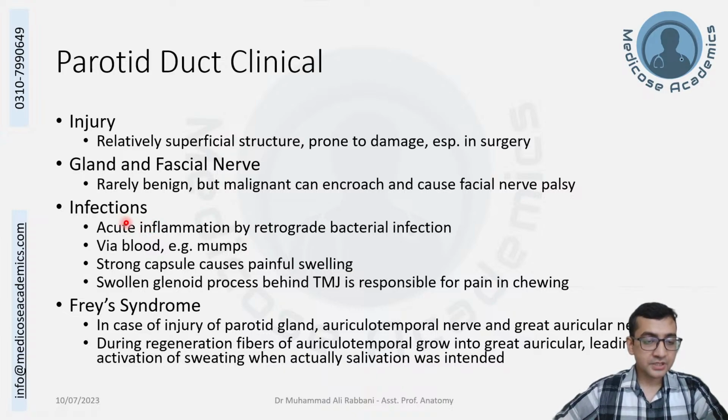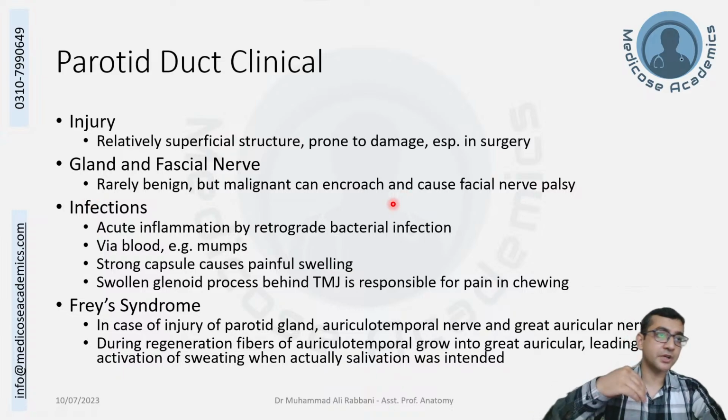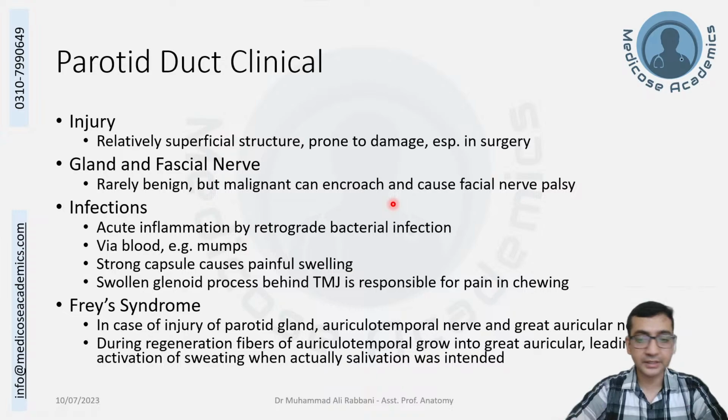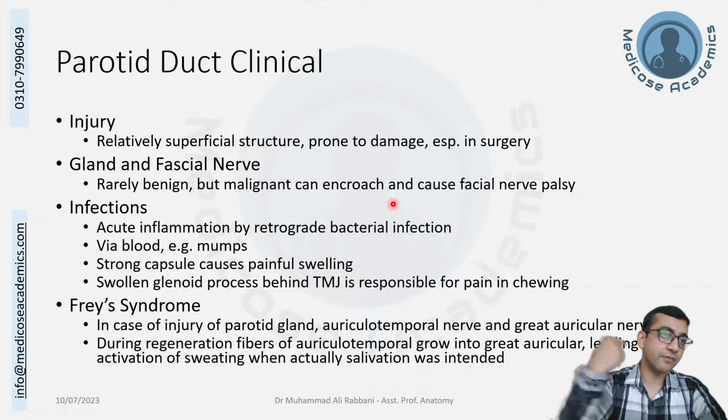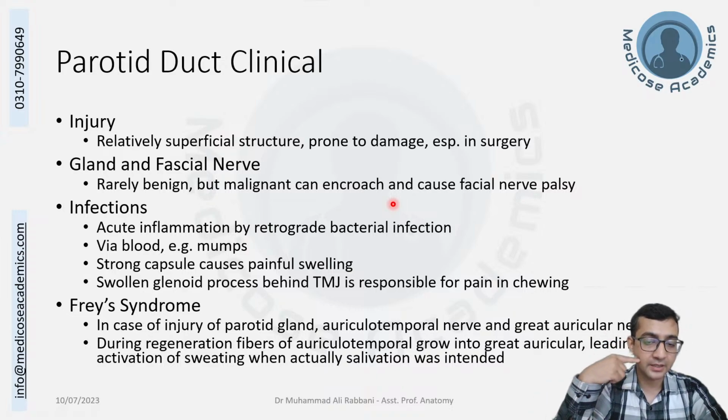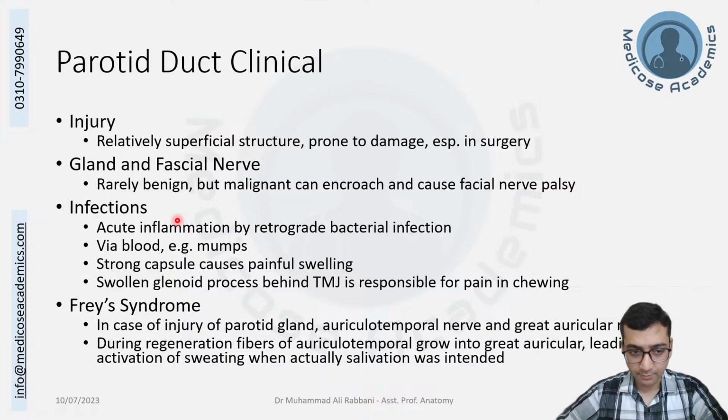Bacterial infections can occur in the parotid gland and parotid duct, due to recurrent infection. There was an infection in the oral cavity, and the infection went back through the opening inside the cheek and infected the duct and gland, or via blood, like in the case of mumps.